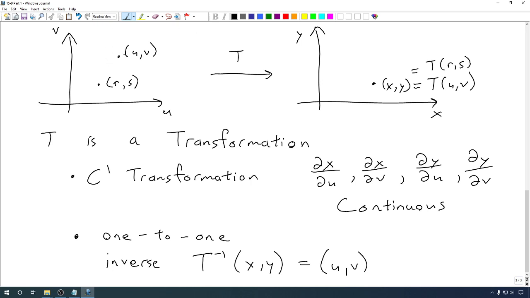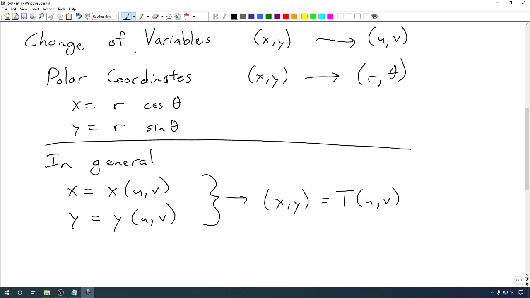Now, the reason why I'm saying this will be a little bit lax overall is because we have things like polar coordinates. If we plug in, say, 0 and 2 pi, we're going to get the same points for x and y. If we have the same r, but then our theta is 0 or 2 pi, then we're essentially putting in two different sets of numbers and getting the same result for x and y.